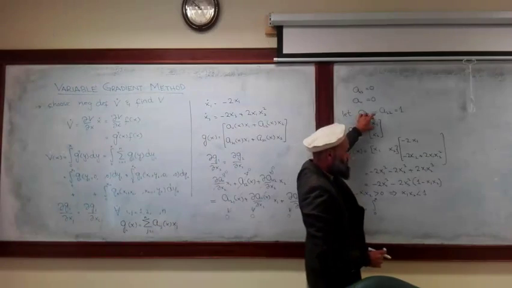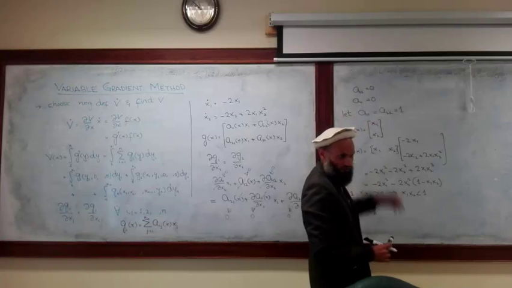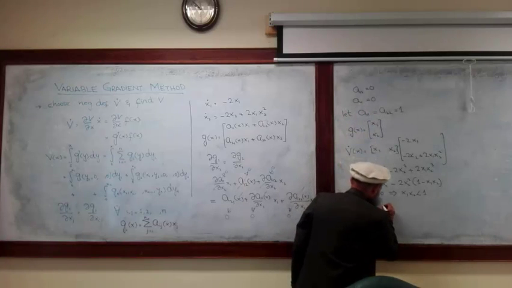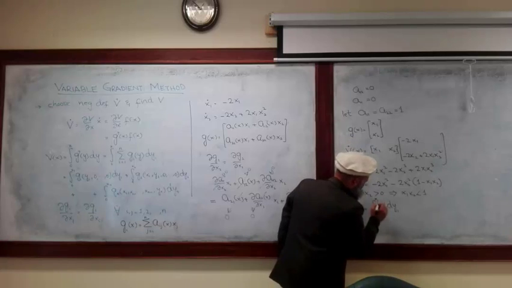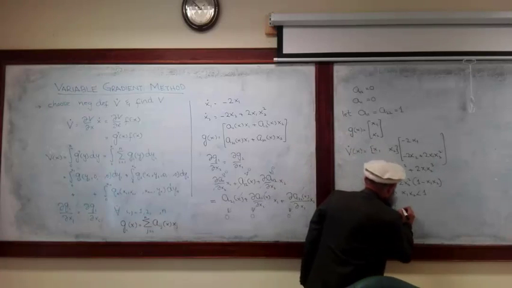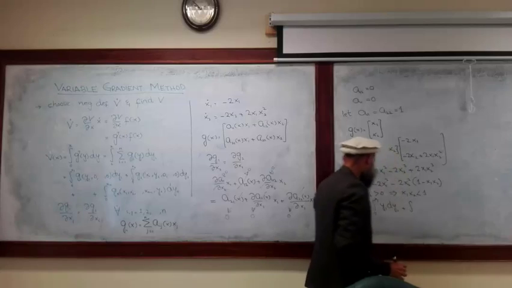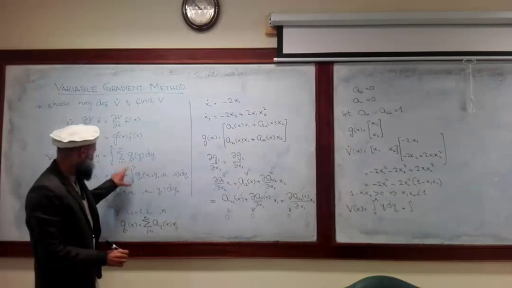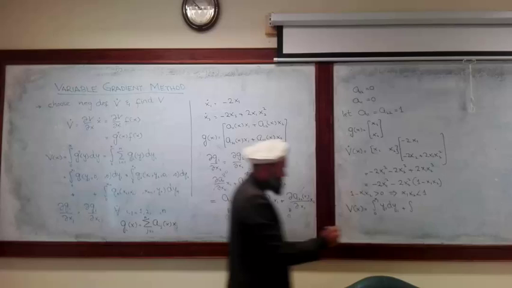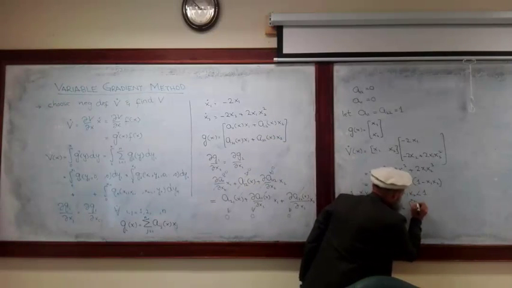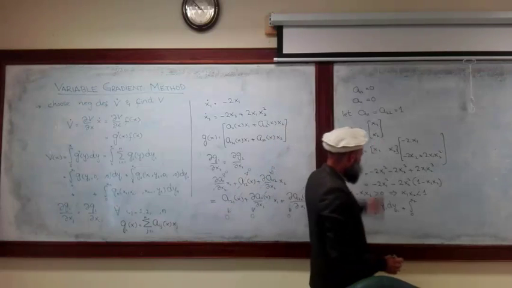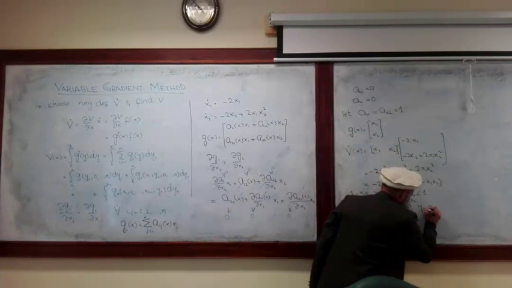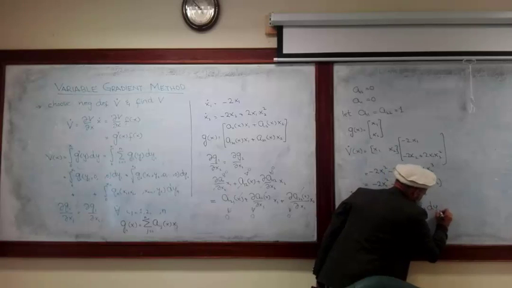G1 is this first component x1. So instead of x1 we write the dummy variable y1, and its integration with respect to y1 is integrated from 0 to x1, plus here the second term, integration from 0 to x2, and what is g2? x2. So we write it with the dummy variable y2.